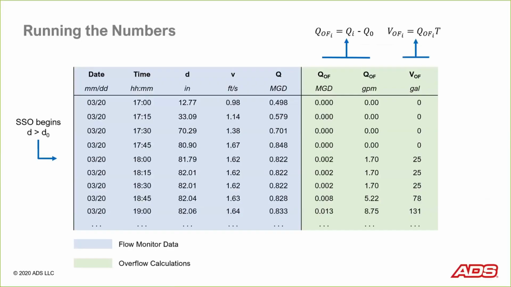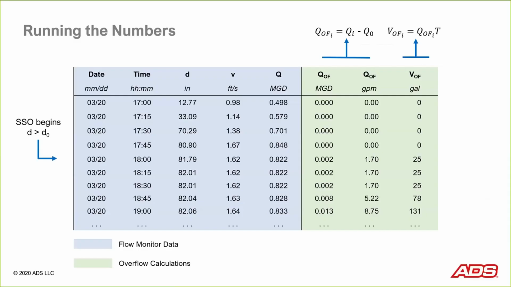So here's an example of how you run the numbers on something like this. The example that I showed you in the scattergraph just a couple of slides before, I'm actually showing you data from that particular graph. And you can see we have 2 groupings of columns here. The columns highlighted in blue on the left, this is data that comes out of your flow monitor. So I've got the date and timestamp, the depth, the velocity, and the associated flow rate at each timestamp.